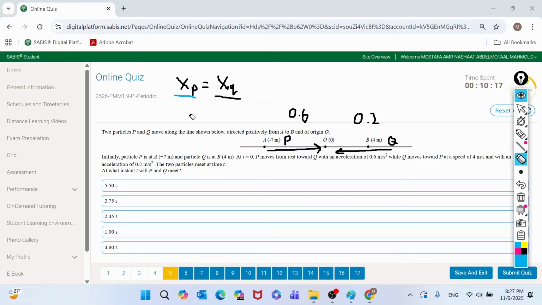First, let's find the position of P. What's the formula for URM? 1 over 2 AT squared plus V0T plus X0.